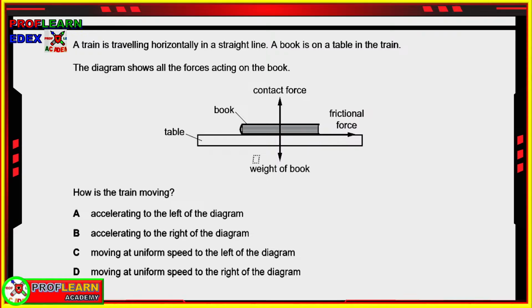So we're supposed to answer how the train is moving. What do you think? Just write in the comment section.